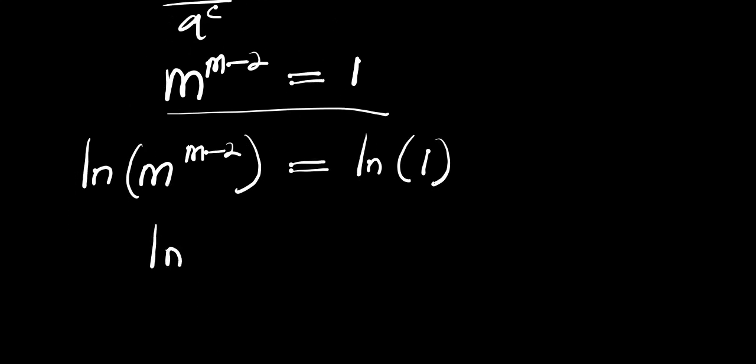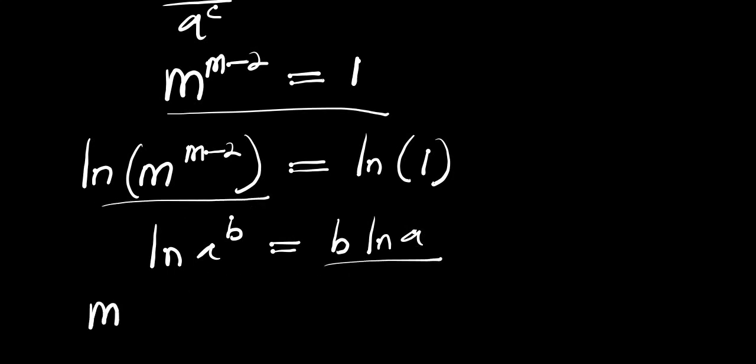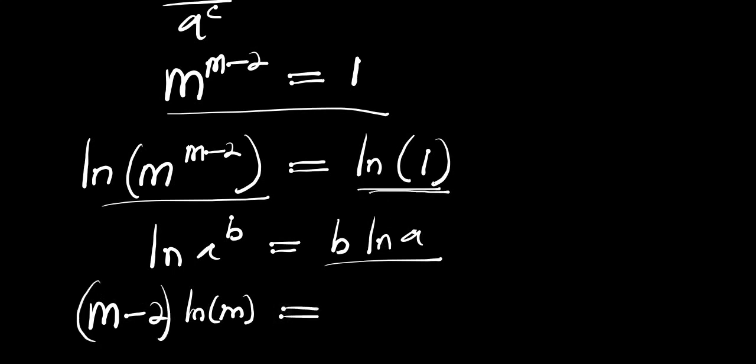If you have ln of a to the power of b, this is equal to b times ln of what? a. So if we apply this identity right here, we are going to have m minus 2 times ln of m. Then this is equal to, we have ln of 1, and ln of 1 is simply 0.